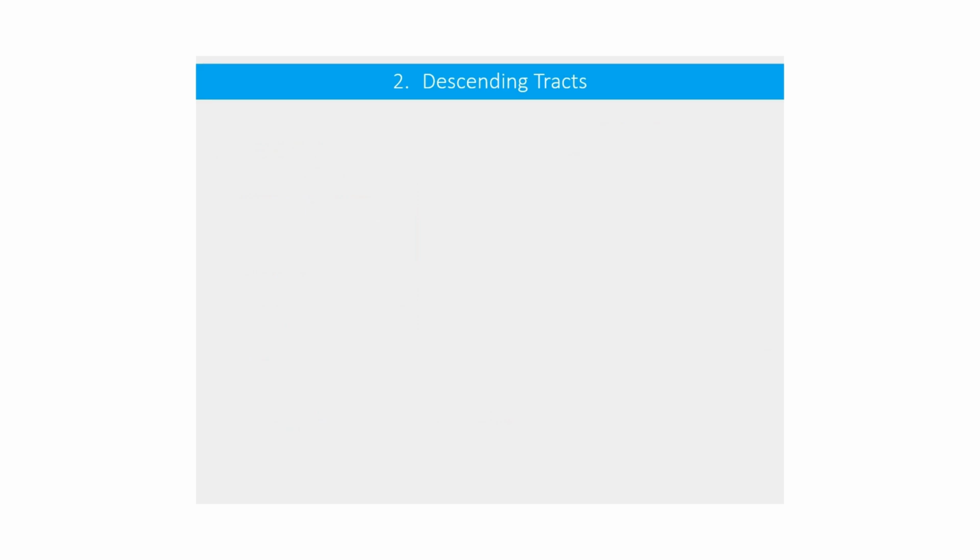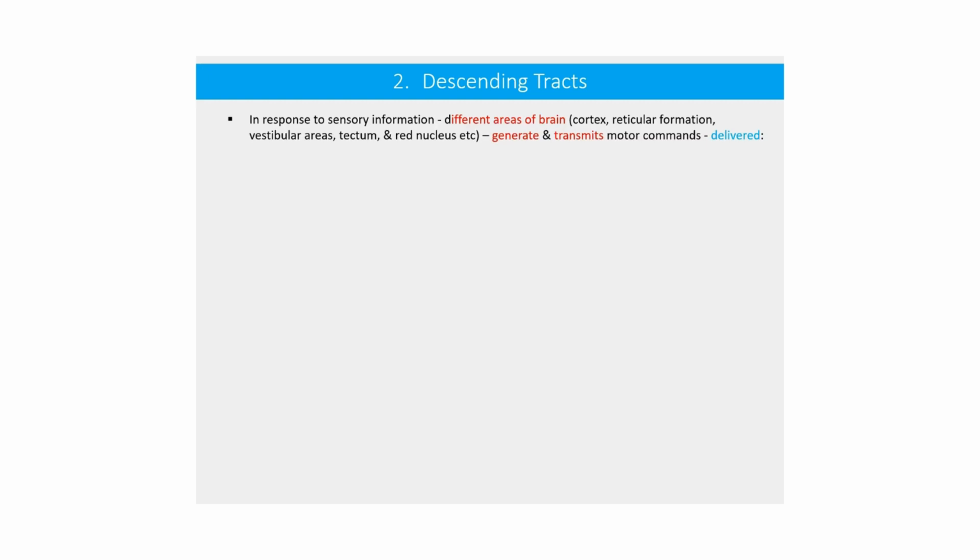The second group of tracts comprises the descending tracts. In response to sensory information received by the body, the different areas of the brain generate and transmit motor commands which are delivered through two systems.